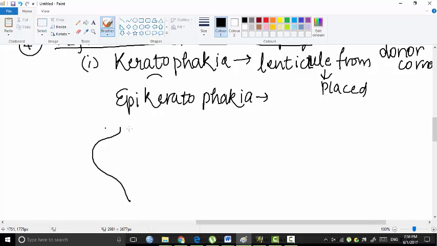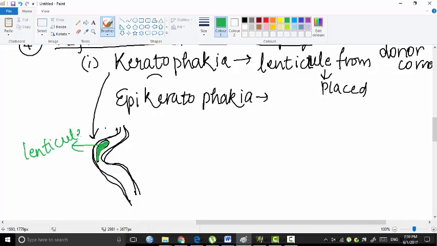If this is the cornea, these are the lamellae. I'm just magnifying it to see, these are the layers of the cornea, many layers. So the lenticule is placed here in keratophakia, between the lamellae of the cornea.